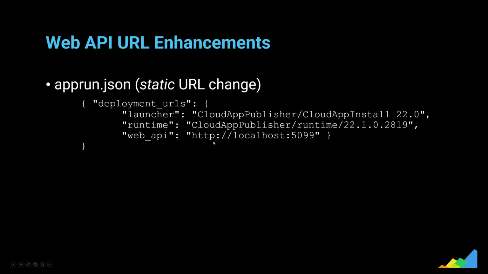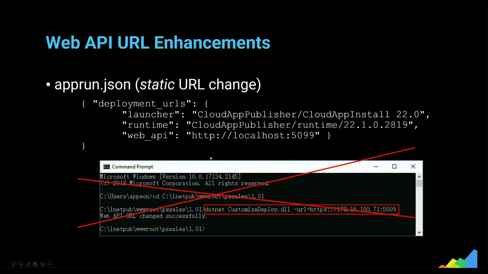The old method until PowerServer 2022 needed you to issue this command, dotnet customize deploy DLL with the option -URL, on the remote web server to apply a change in the API URL. But it is now dismissed, so you cannot use it anymore because there is this new app run JSON file, which is way more handy.